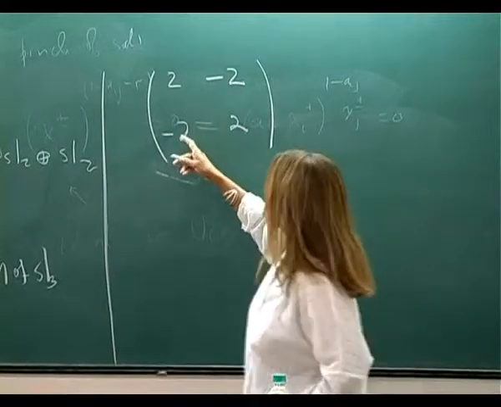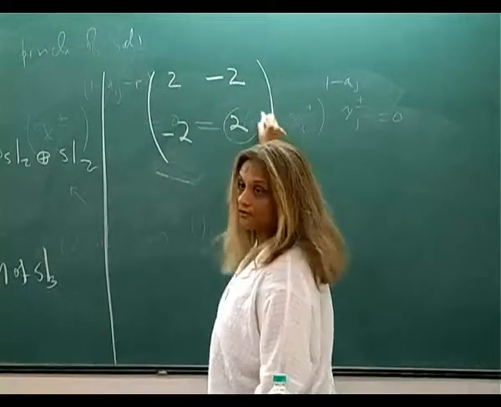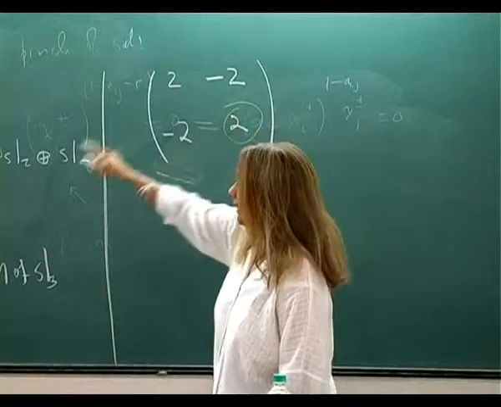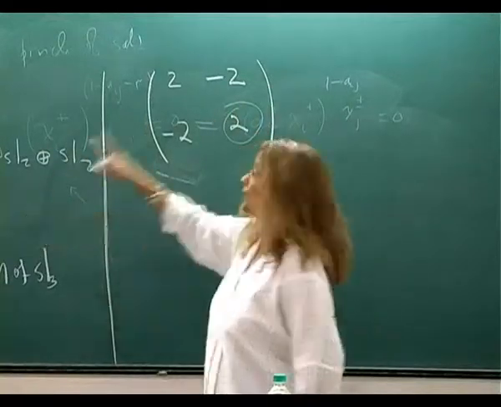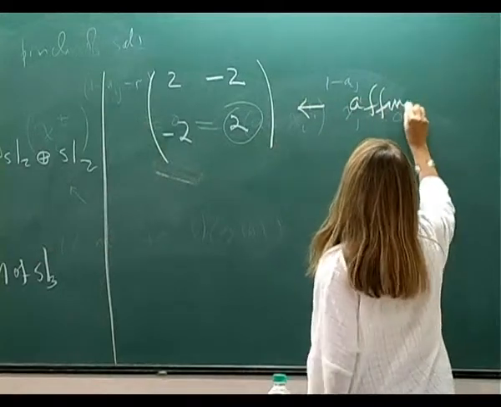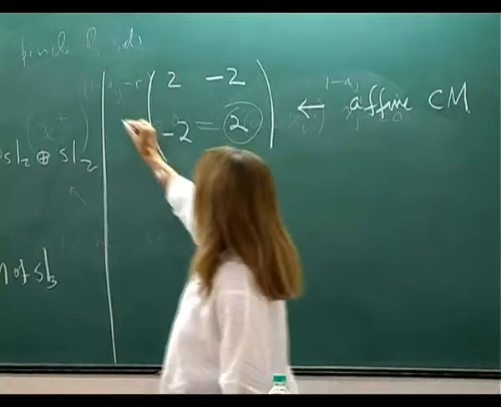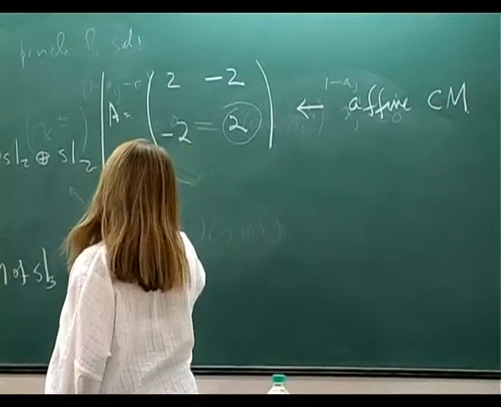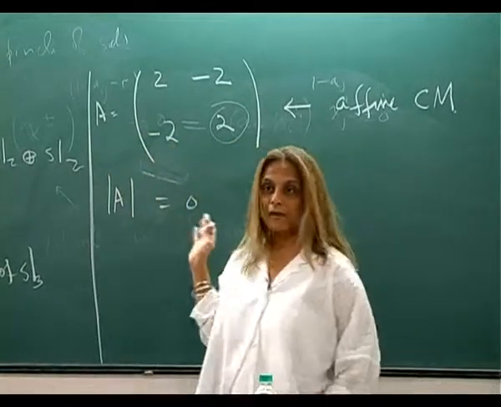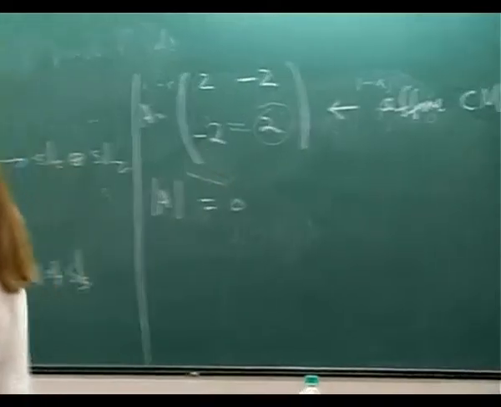And if you notice also, if you look at a principal minor, what you get is just 2, right? And that is the Cartan matrix of SL2. So this is an example. So this is an affine Cartan matrix, which I defined yesterday, and the determinant of this matrix is 0. Okay. So it's trivial to find interesting examples where the determinant is 0.